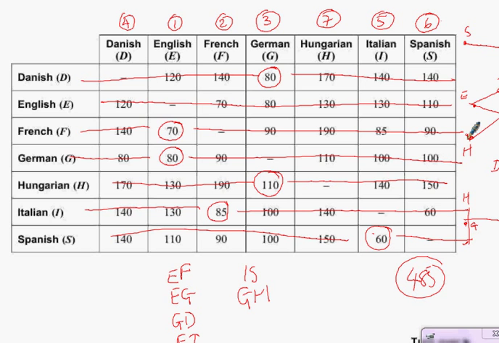So the last 2 that you would have is F to I and I to S, because G to D would have come in sooner. I to S is 60. F to I is 85. G to D is 80. So that would have come before 85. So the last 2 there is FI and IS.